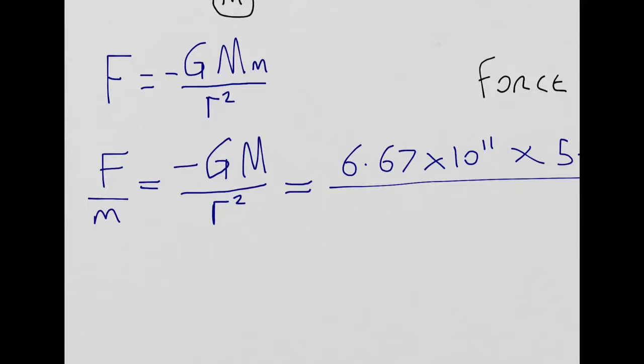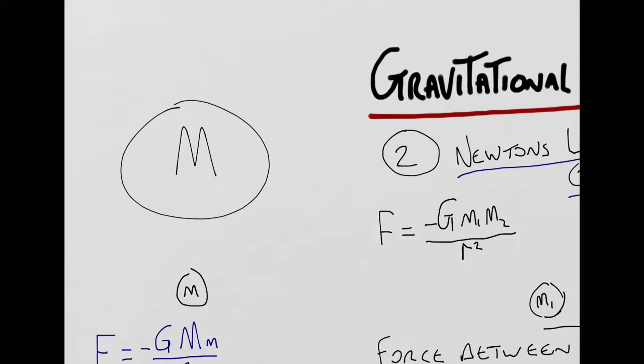Think about what that means. If I go back up to my big mass here, what we're thinking about is a test mass placed at sea level. So its mass is considered to be exactly on the edge of M. Theoretically, therefore, if here is the centre of the Earth, the distance from here to the centre of this mass is actually the radius of the Earth.